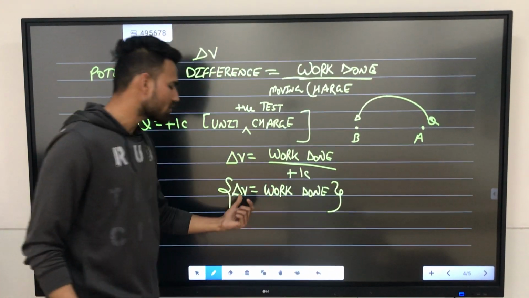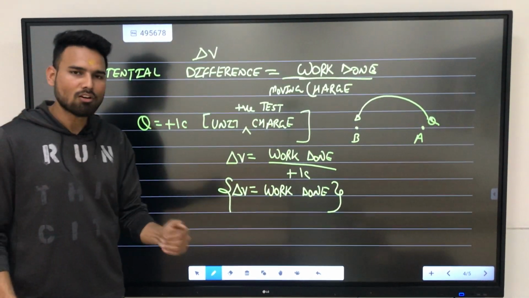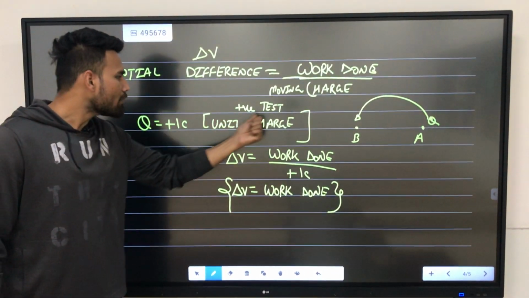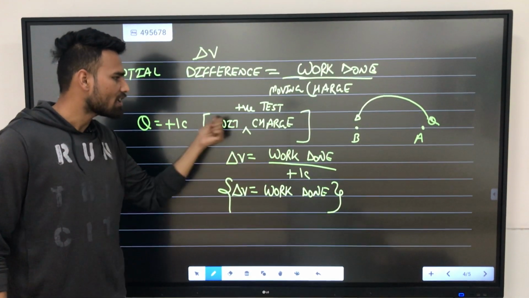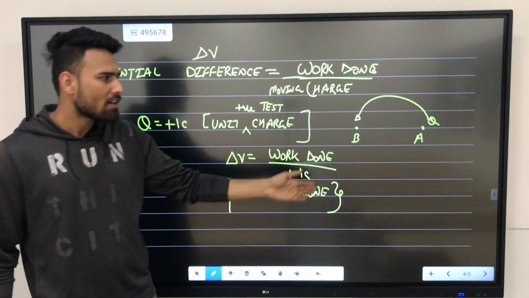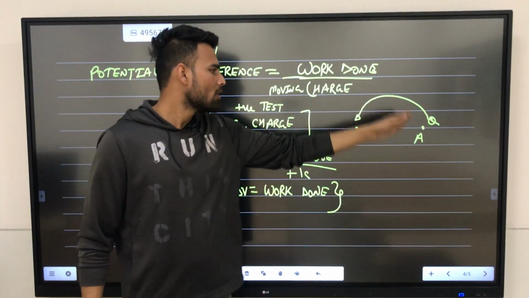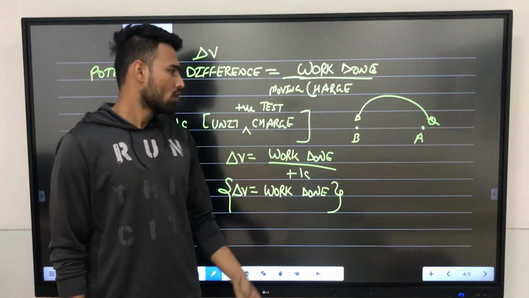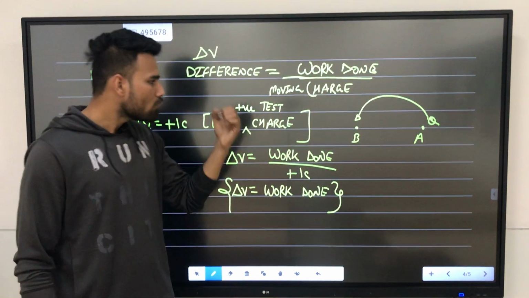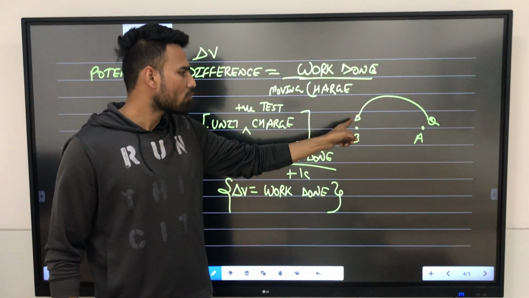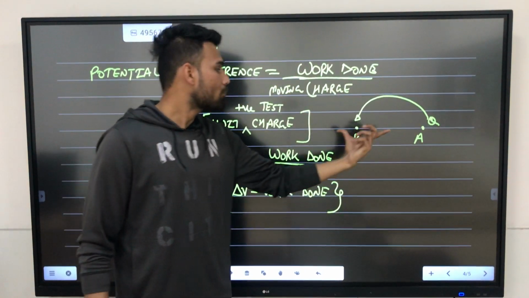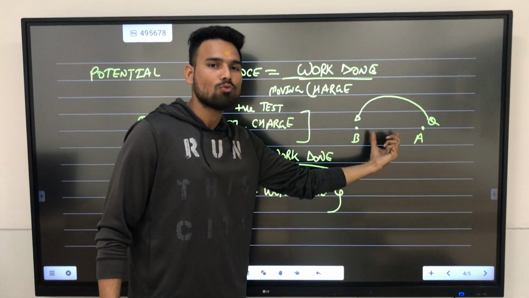We can define the potential difference as the amount of work done on a unit positive test charge to move it from one particular point to the other. The amount of work done to move the unit positive test charge from one point to the other is called the potential difference between these two points.